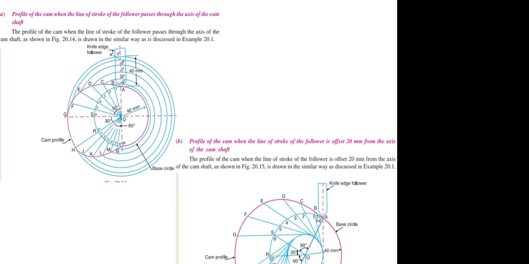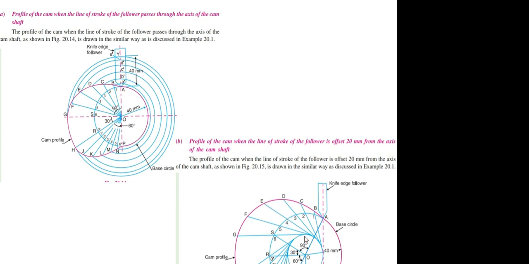Now take distance 1 capital B from the displacement diagram. Mark from the base circle on the first tangent line. Take distance 2 capital C from the displacement diagram. Mark on the second tangent line. Take distance 3 capital D from the displacement diagram. Mark on the third tangent line.